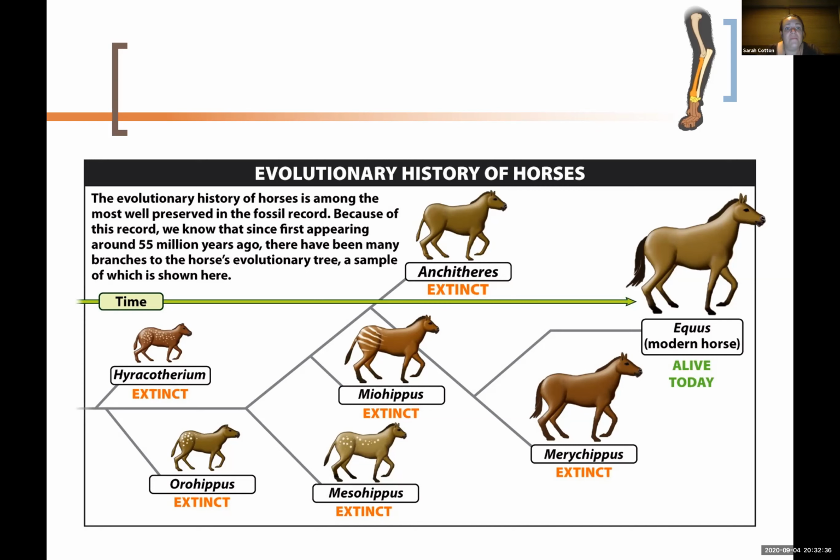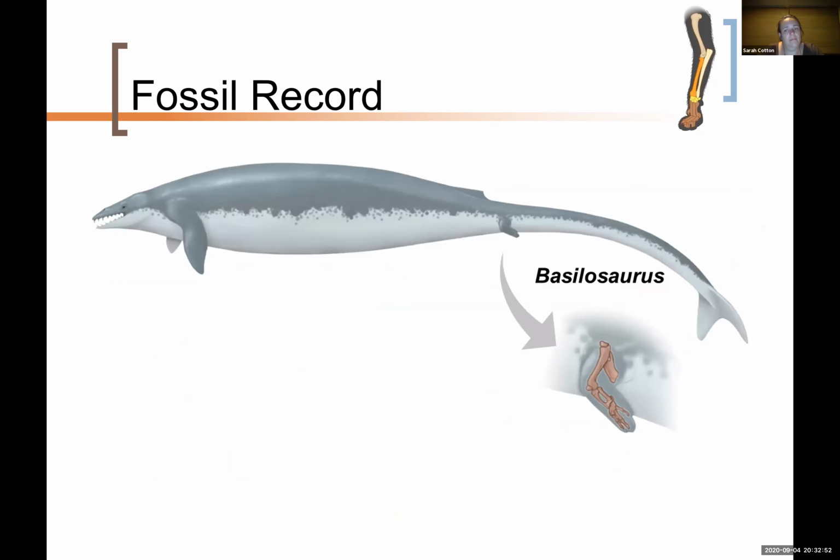And it just so happens that we have examples of fossils of every little step along the way. Not all lineages of organisms are like that. Some are, and it's really exciting when people find intermediates.